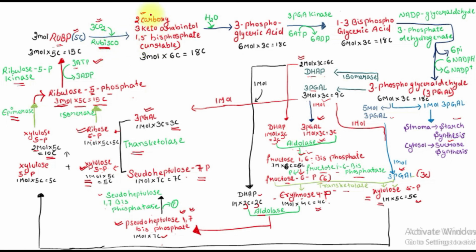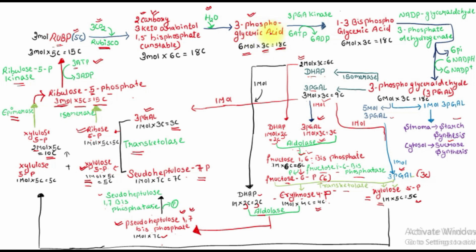As this is an unstable product, we need it to be stable, so we need H2O. Then it will be converted into 3-phosphoglyceric acid, which is a 3 carbon containing compound, and this is the stable form. So for balancing the equation, we need 18 carbon in total. As this is a 3 carbon containing compound, we need 6 molecules of 3-phosphoglyceric acid to give 18 carbon.